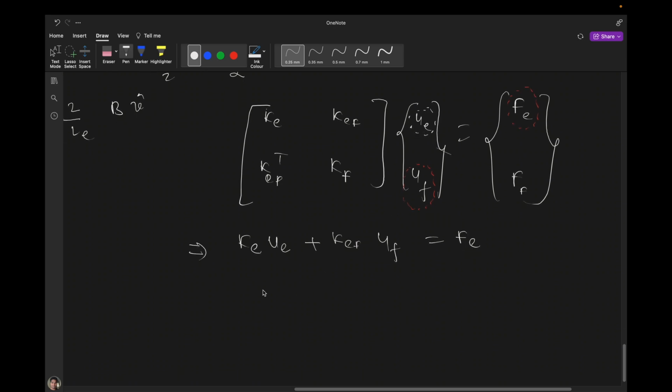We can also write kef transpose ue plus kf uf equal to ff.